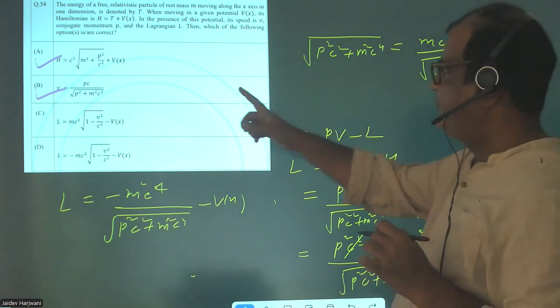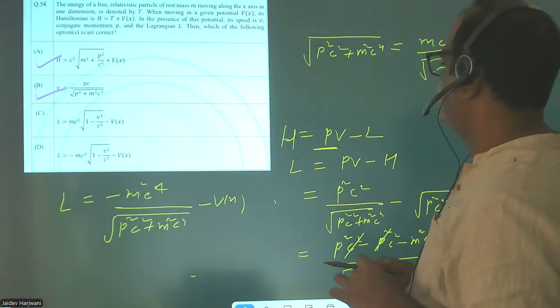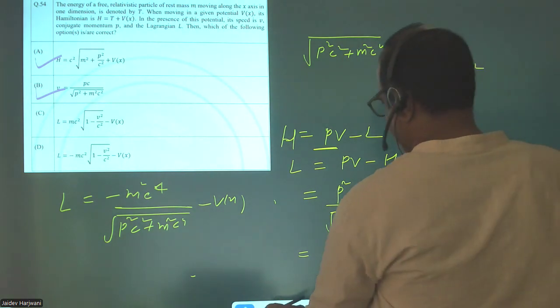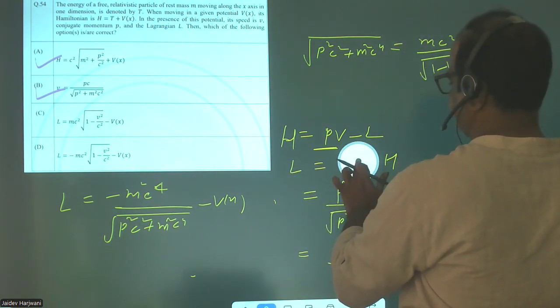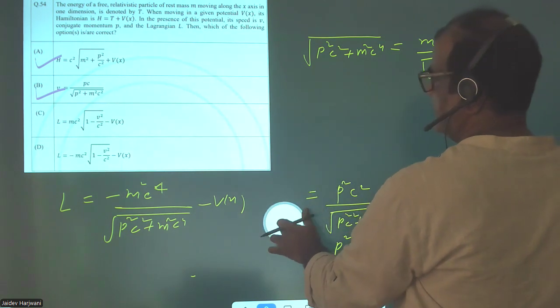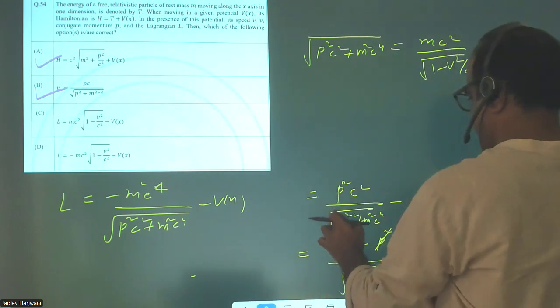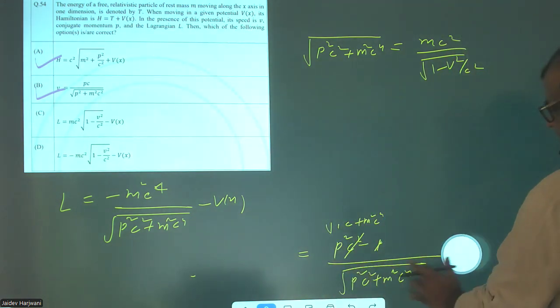If I put the value of P from this expression to this equation, I can bring this expression in terms of V, eliminating P. Okay, I can eliminate P here. I can put the value of P in terms of V here, and I can solve this one. So this will give me this one.